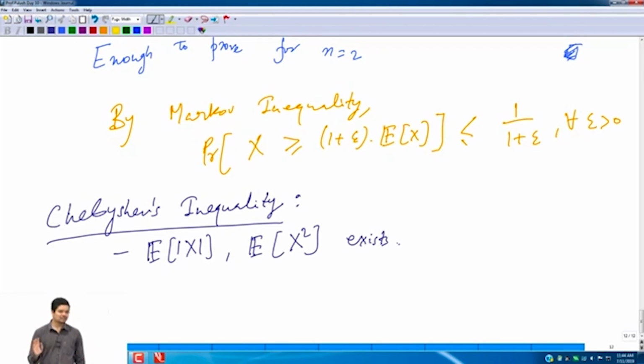If the expectation of x square exists, then variance also exists, because just recall that the variance of x is the expectation of x square minus the expectation of x whole square.